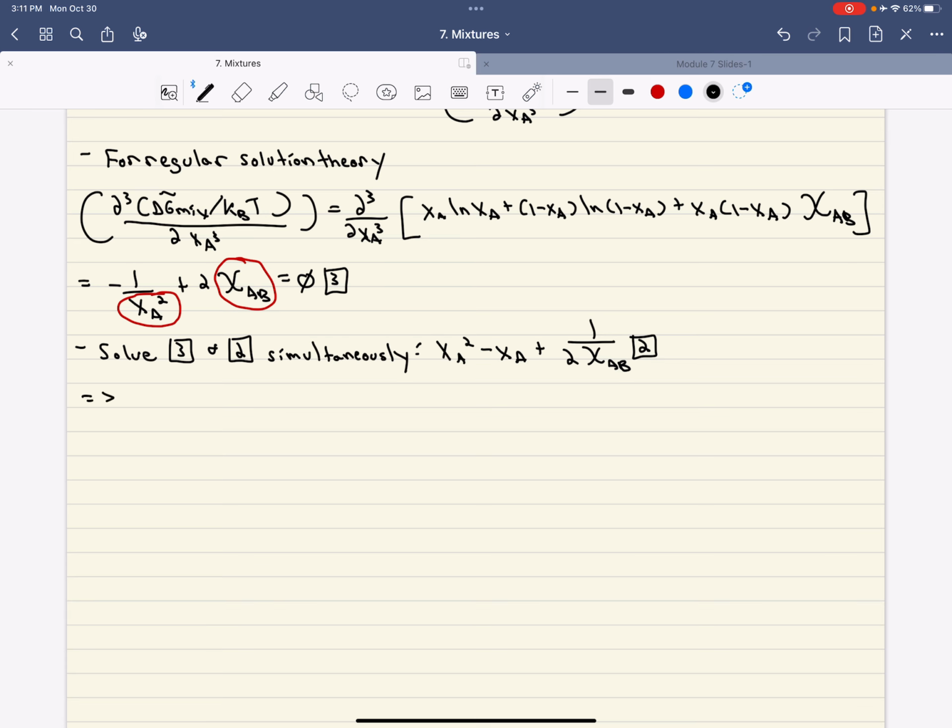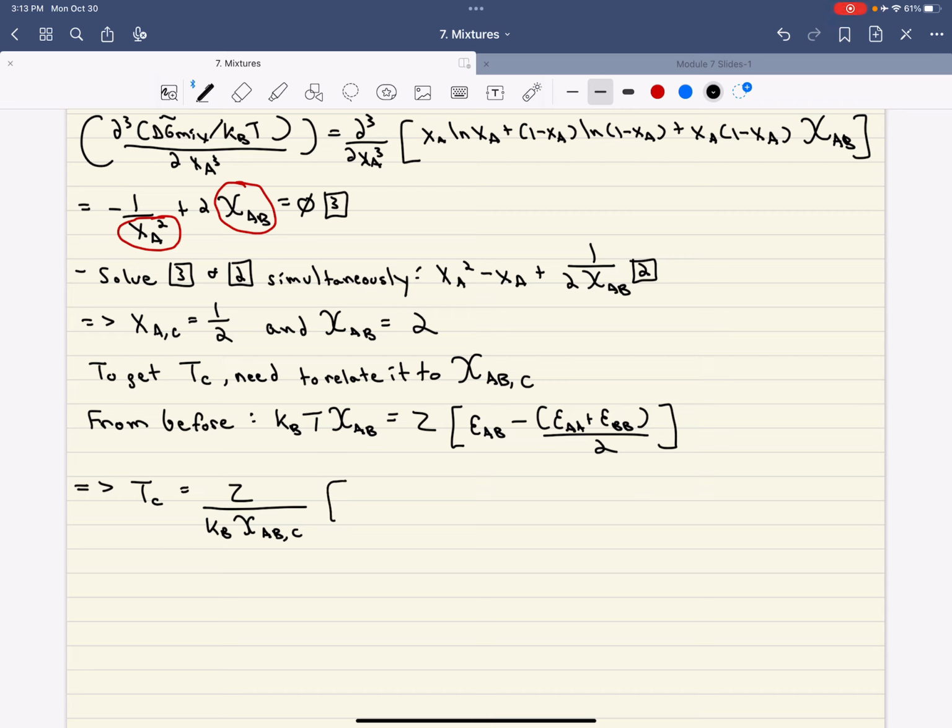To get Tc, we just rearrange this equation and solve for T. So Tc is equal to this, epsilon b divided by 2.